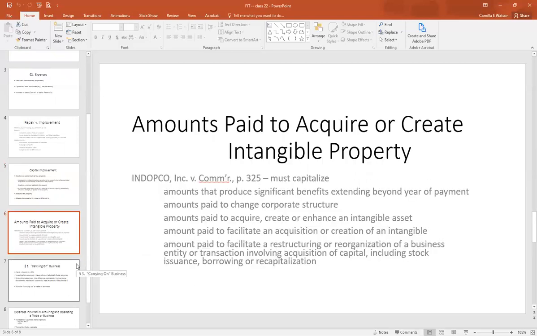Now, amounts paid to acquire or create an intangible property. Here I'm on page 325, and the case of Indopco Inc. versus the Commissioner. Now, Indopco involved a friendly takeover of a company, National Starch and Chemical, by another company, Unilever.